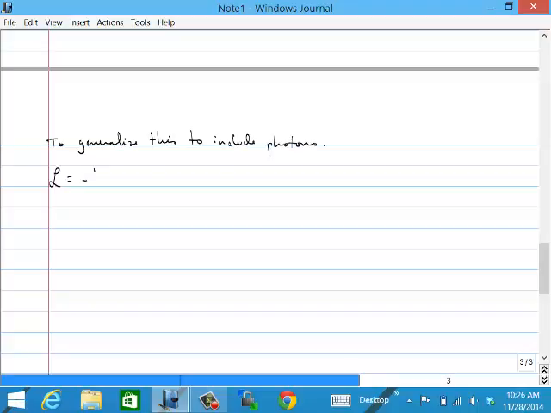So we have the usual kinetic term for the photons and the kinetic term for the fermion is modified to include the coupling between the fermions and the photons.